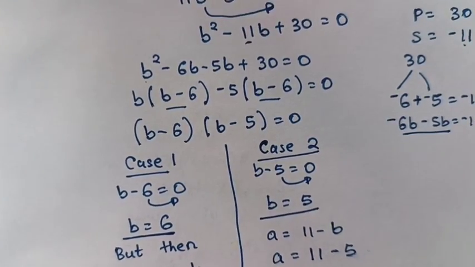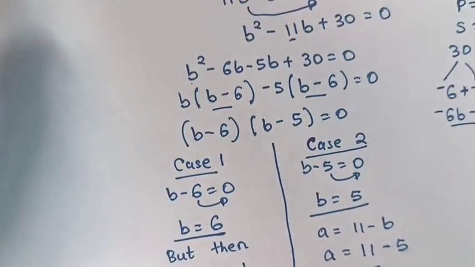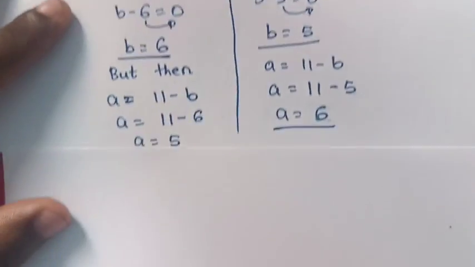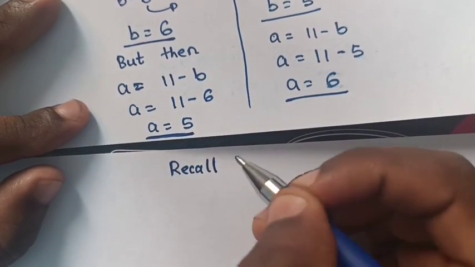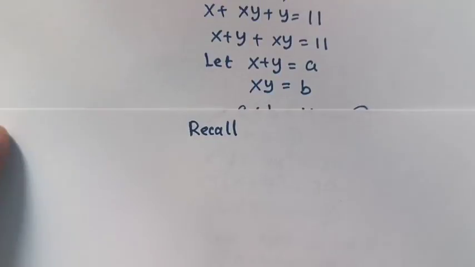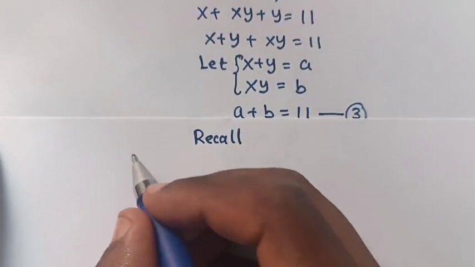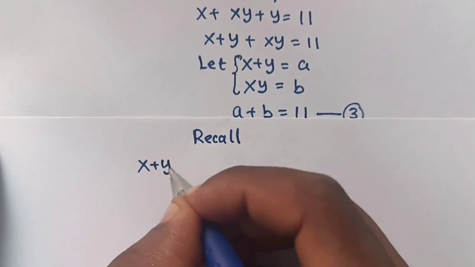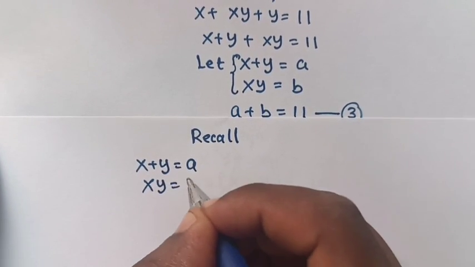Remember, we let a and b. So now we are going to solve for x and y. So recall from the previous equations, x plus y is equal to a, xy is equal to b.